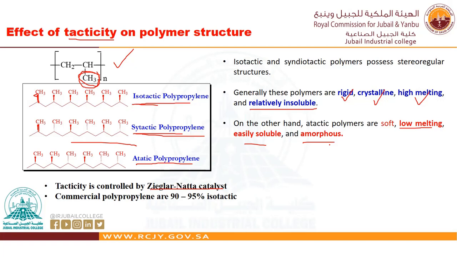These are different polymers made from the same monomer, but because of the different arrangement, the stereoregularity, they end up with different properties and different applications. And tacticity is only for vinyl polymers like polyvinyl chloride, polystyrene, polypropylene, and polyvinyl acetate. But other symmetrical polymers like polyethylene, which has symmetry, do not have tacticity.